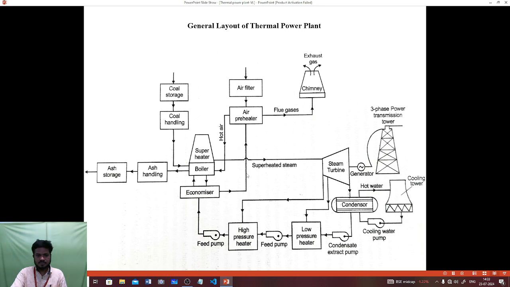Exhaust steam is used for an air heater, and the air preheater is used to reheat, so that the hot air is sent to the boiler for a heating purpose.